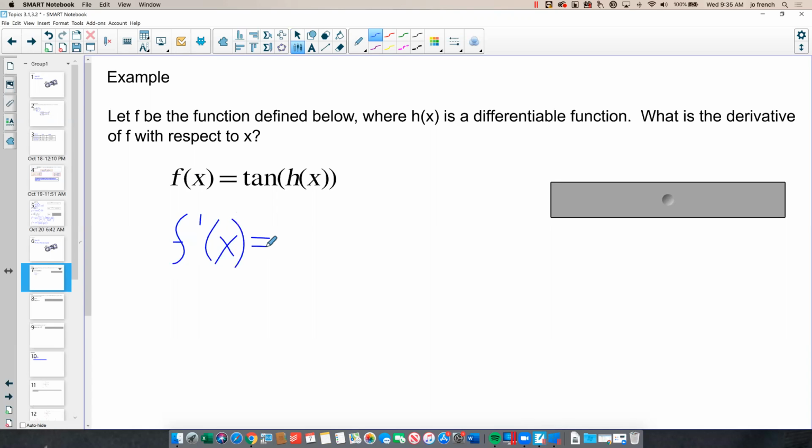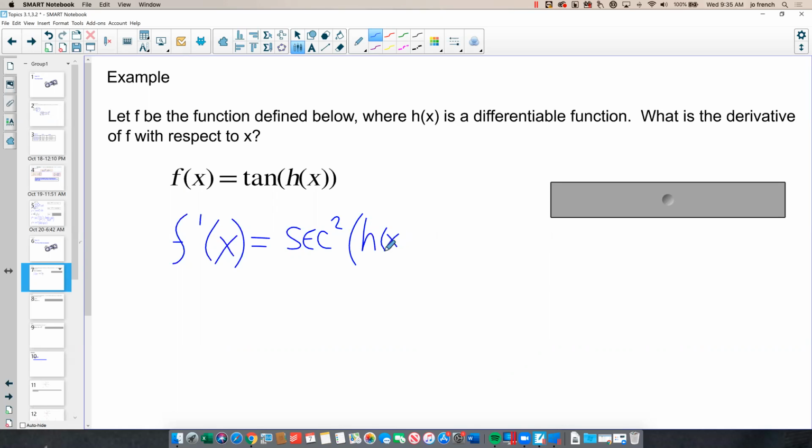By the chain rule, I have to identify my inside and outside functions or operations. My outside operation, the thing outside all the parentheses, is the tangent. So we start with the derivative of the tangent, which is the secant squared. And then we leave our inside alone at this point.